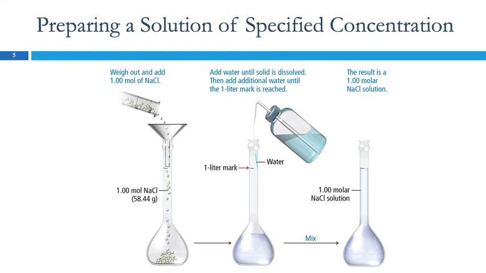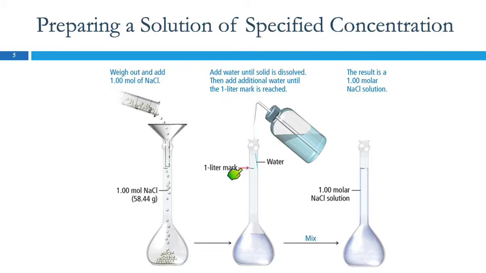So this slide shows an illustration of how to prepare a solution of a specific concentration, and you'll be doing this in experiment, I think it's 5B, that's coming up. This piece of glassware is called a volumetric flask. And kind of like a volumetric pipette, it is designed to accurately contain only a single volume.